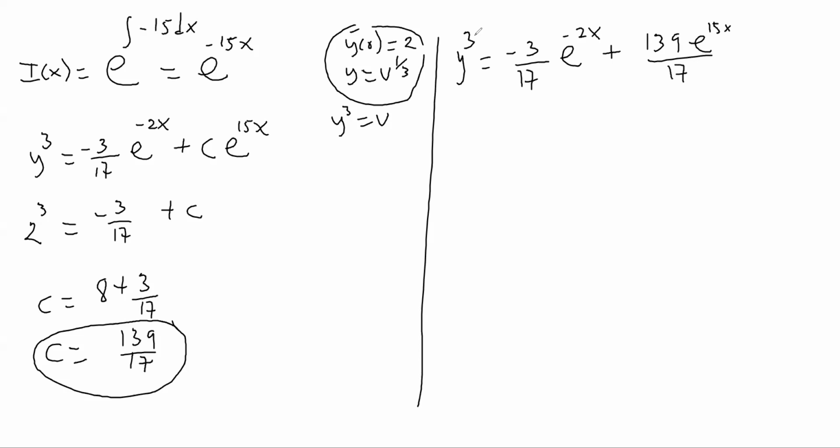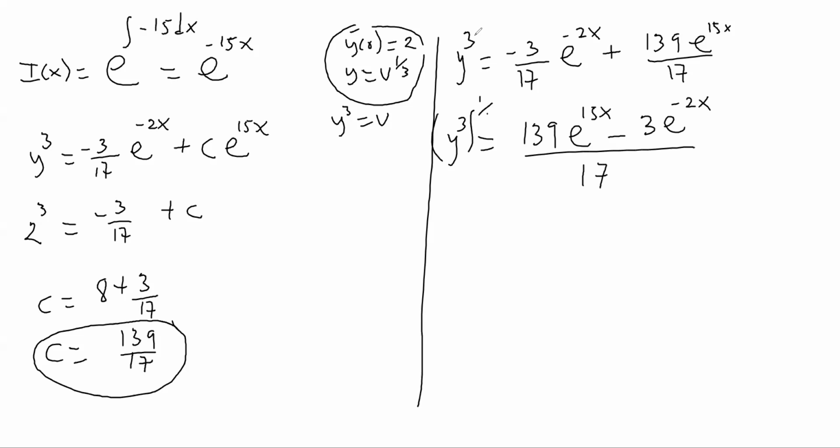So when the denominators are the same, we can simplify. y cubed will be equal to 139 e raised to the 15x minus 3 e raised to the minus 2x, everything over 17. So what I'm going to do, 1/3. So this 3 can cancel this.